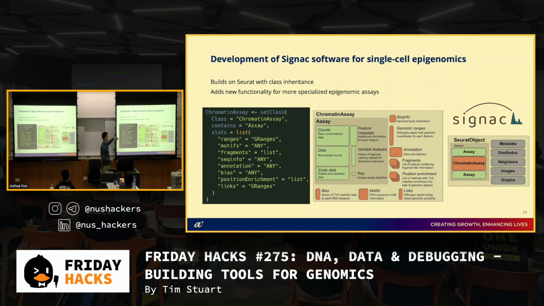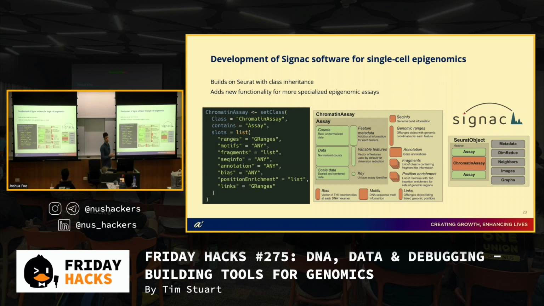So we have everything that the standard assay has, like you can see in this plot in the middle, everything the normal assay has, plus some extra stuff that's more specialized for epigenomics. And so the advantage of this is that we don't have to rebuild all this stuff that was in common with the standard assay. And also, the Seurat object is sort of a collection of these assays.